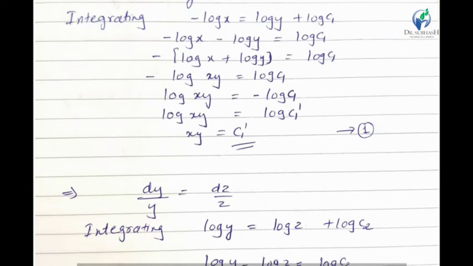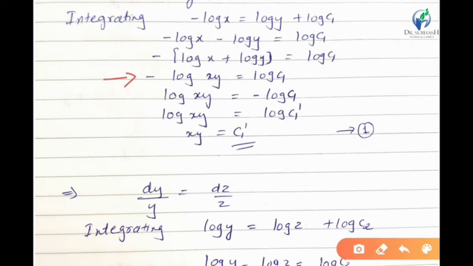According to the general rule of logarithm, log a plus log b equals log ab. So here we get minus log xy equal to log c1. Taking minus sign to the other side, we get log xy equal to minus log c1. We can term this whole term as log c1 dash since it is a constant. Taking the exponential power to remove logarithm, we get xy equal to c1 dash, which is our first solution.